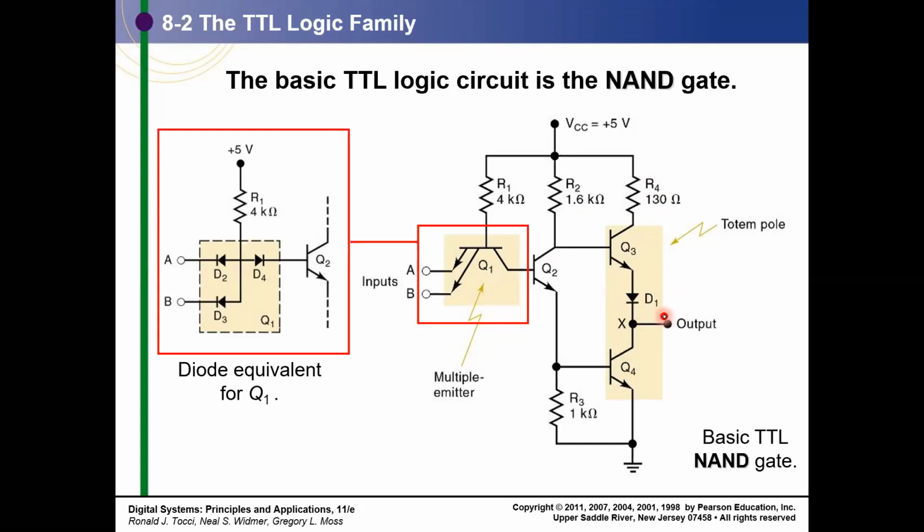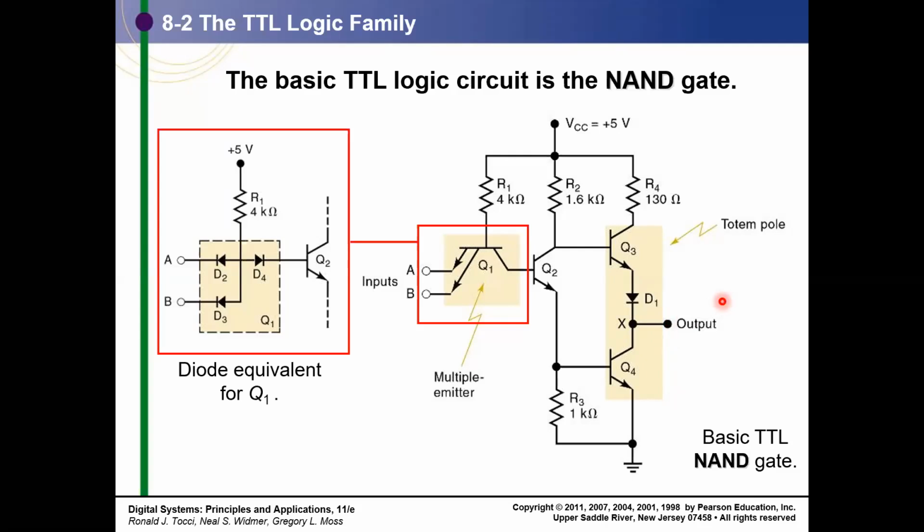And by looking at the IC data sheet, you can make out whether it is an open collector or a totem pole, or the third configuration could be a tri-state. If, for example, several gate outputs are to be connected or shorted, there are applications where you require them to be connected.